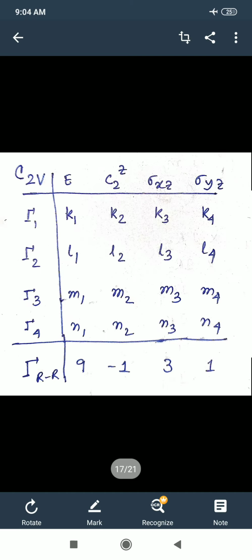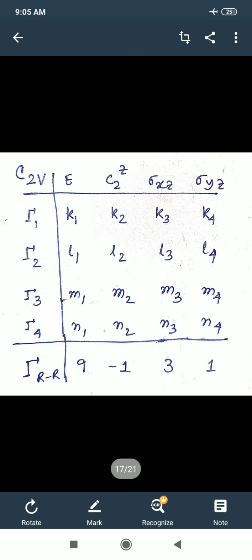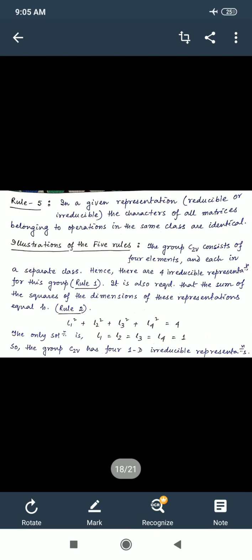That means K1 is equal to 1, L1 is equal to 1, M1 is equal to 1, and N1 is also equal to 1. So the group C2V has 4 one-dimensional irreducible representations.